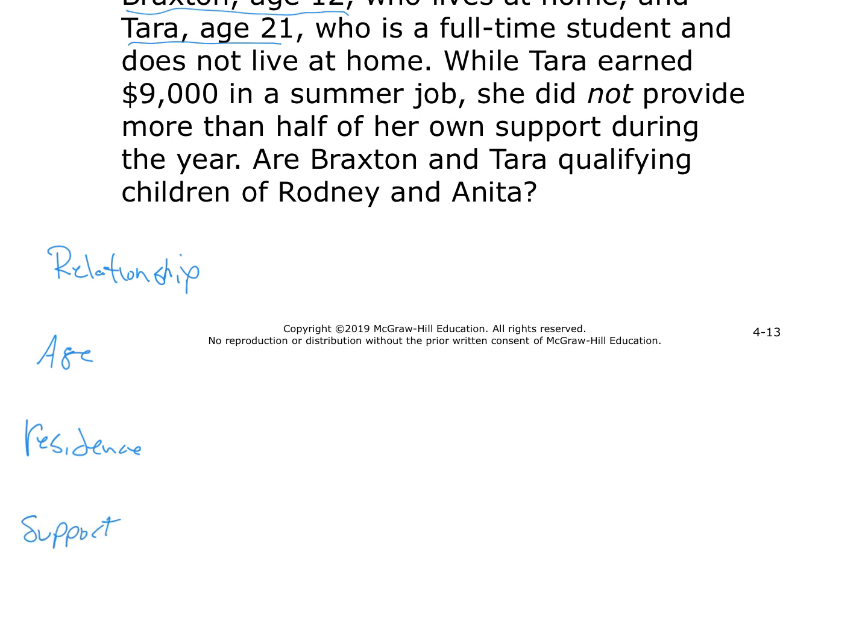And we've got 2 children, Braxton and Tara. All right. So relationship. We know that Braxton is a son and Tara is a daughter. So do they pass the relationship test? Yes, for both of those. What about age? Well, Braxton is 12 and that's less than 19. So we're good there. Yes, he passes the age test.